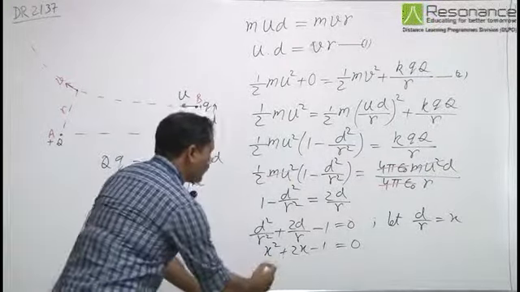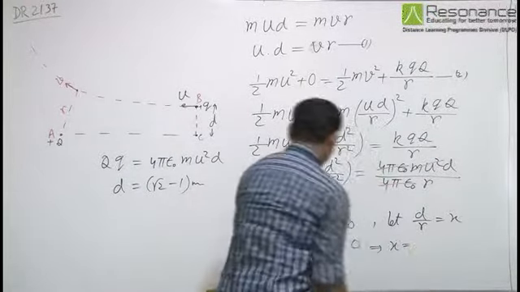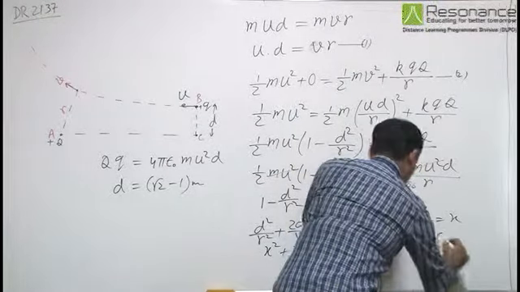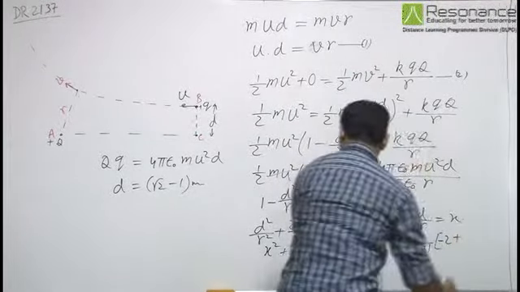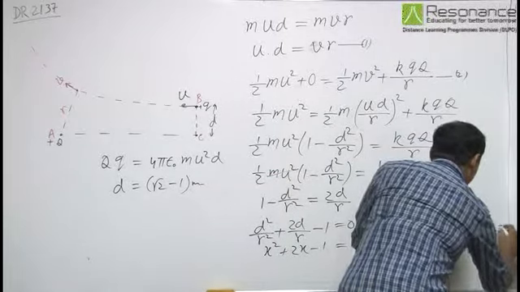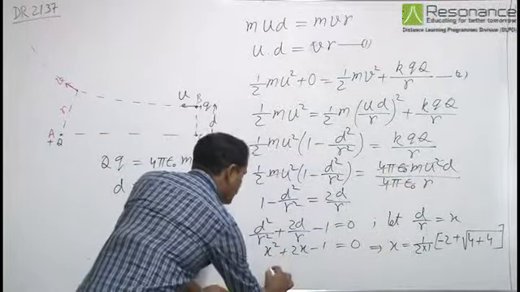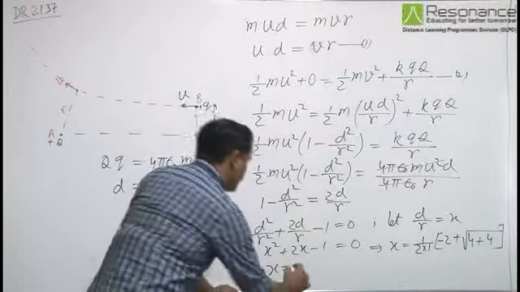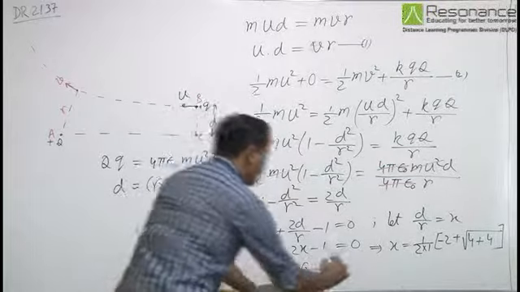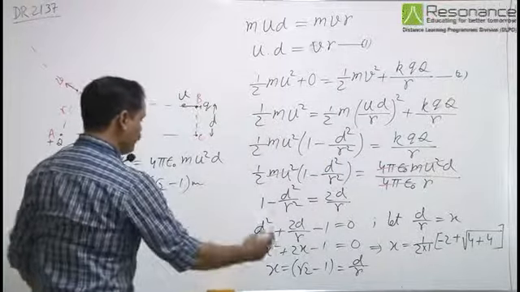To solve this particular equation, we use x equal to 1 upon 2a into minus b plus minus root over b square minus 4ac. So from here we can obtain x to be equal to root 2 minus 1, which is equal to d by r.